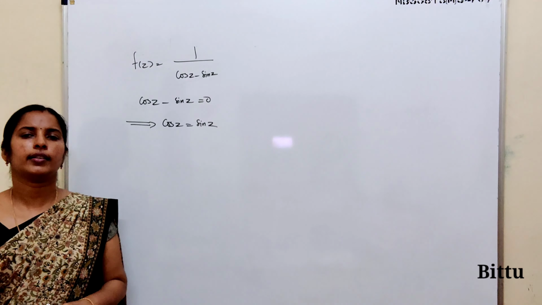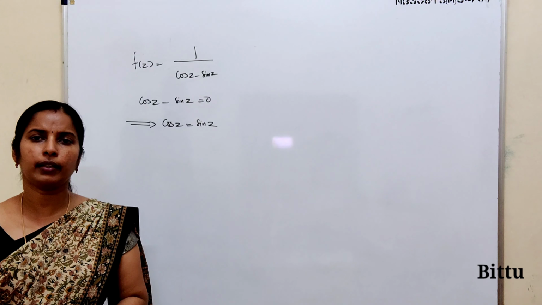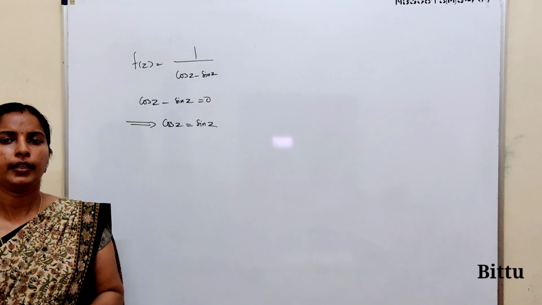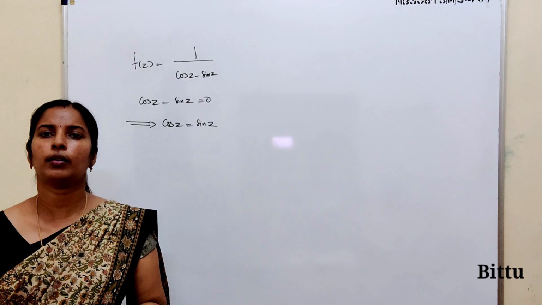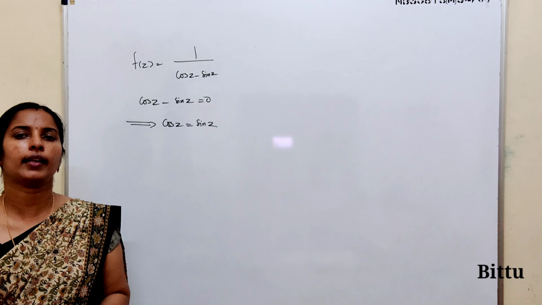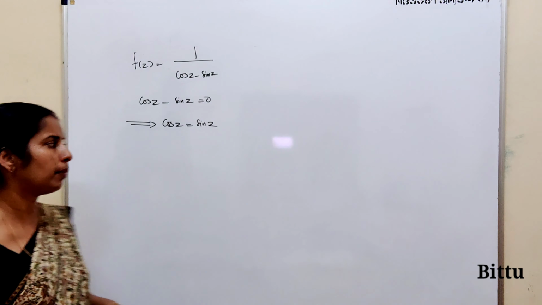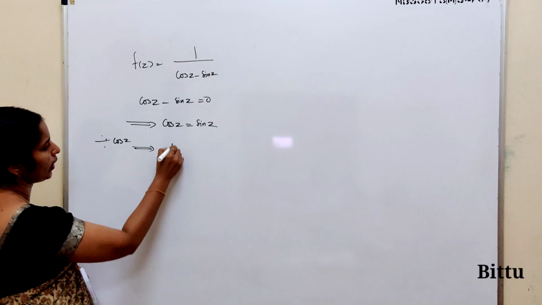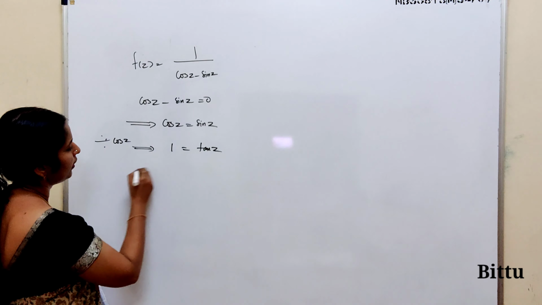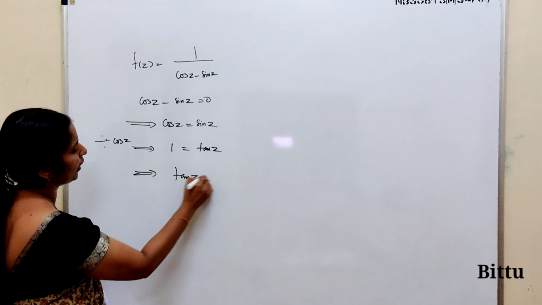Next, for identifying the singular point, you divide either by cos z or sin z. If you divide by cos z, we have tan z. If you divide by sin z, we have cot z. But we are more familiar with tan z, so divide throughout by cos z. So 1 is equal to tan z, which implies tan z equal to 1.